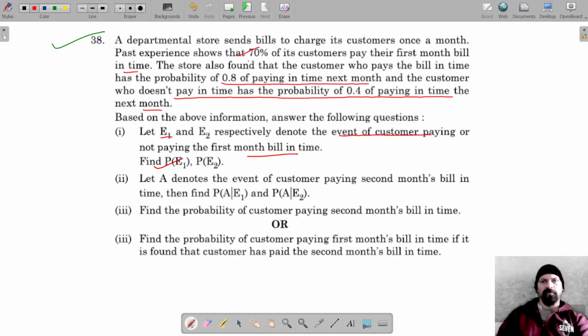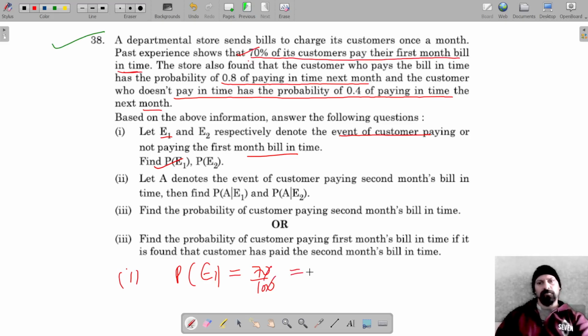So probability of E1 is 70%, which is equal to 7 by 10. That means it's 0.7.